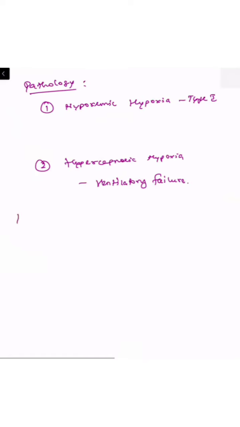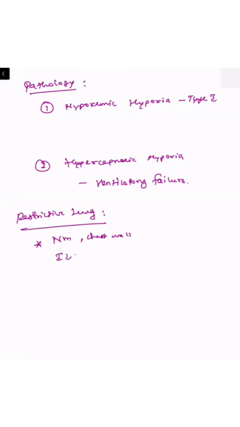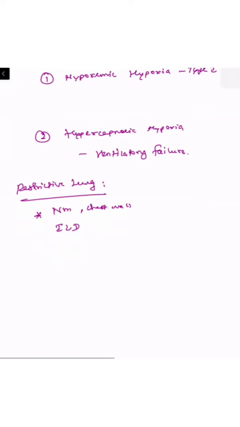For example, in restrictive lung diseases, normally we have restrictive lung diseases because of neuromuscular problems or chest wall deformities or interstitial lung disease. In all these conditions like neuromuscular and chest wall deformity, there will be reduced chest wall expansion. So automatically you will have reduced negative intrapulmonary pressure.